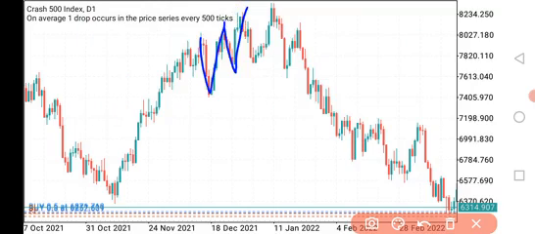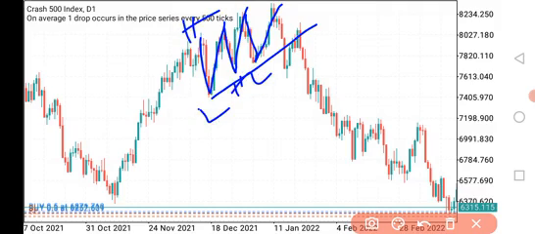So that means price is on a buy trend. It came down again and created another high. This is a low, a high, then higher low, higher high, then higher low, higher high. Do you understand? This is a typical uptrend.